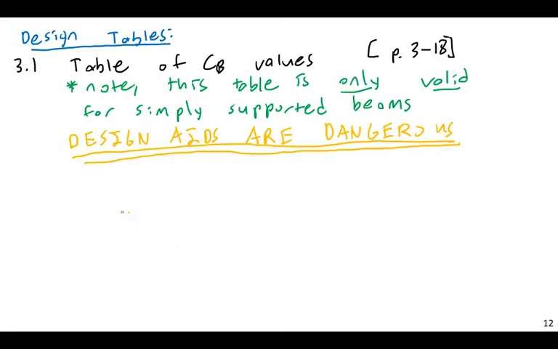The key to using these is that you need to be aware of what assumptions and limitations go into this design aid. You must be aware of what assumptions are baked into this table.